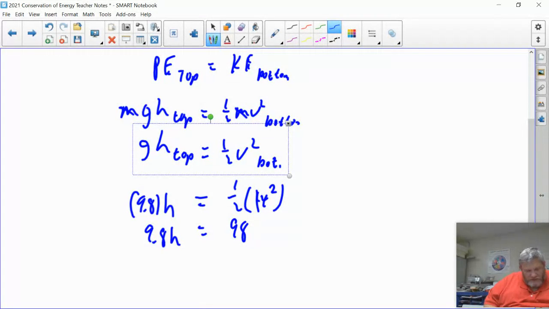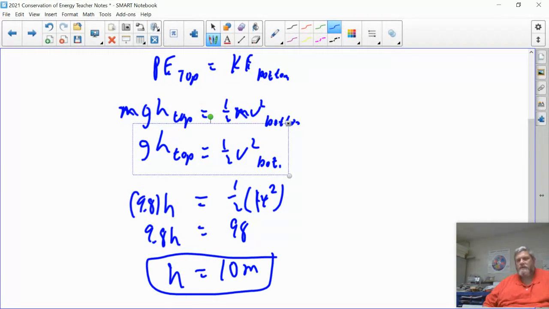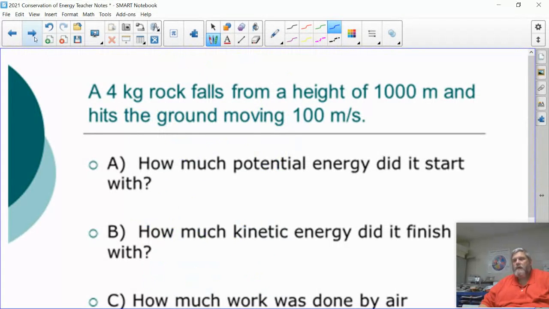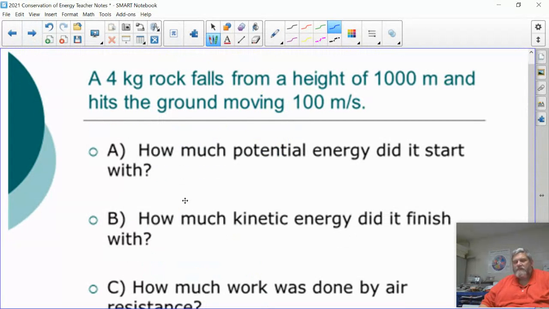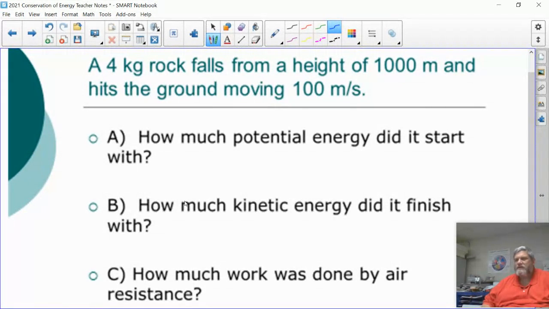I divide both sides by 9.8, and it looks like I'm going to get h is equal to 10 meters. So it's 10 meters tall. All right, let's look at one more. This one involves energy loss. The last couple we've done have not dealt with energy loss. Let's look at this one with some energy loss here.